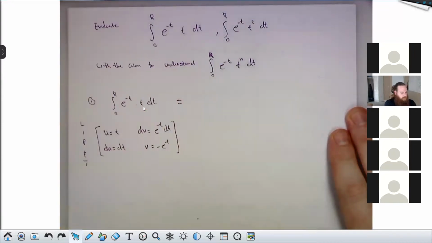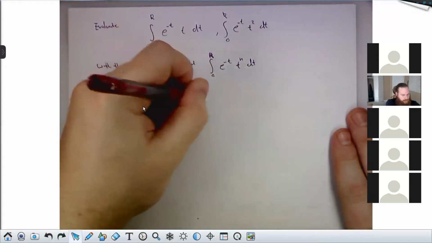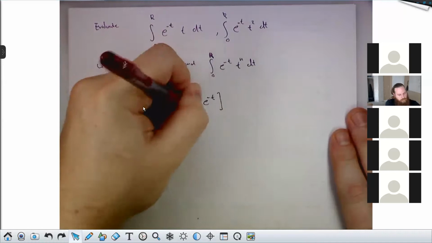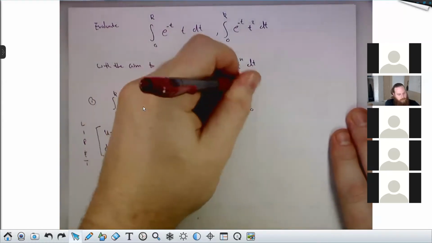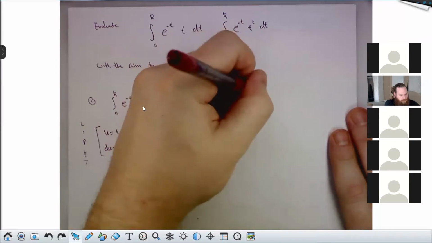And what I'll see is that this integral is equal to u times v, which is going to be negative t e to the negative t, evaluated from 0 to r, minus the integral from 0 to r of v times du, which is just negative e to the negative t dt.